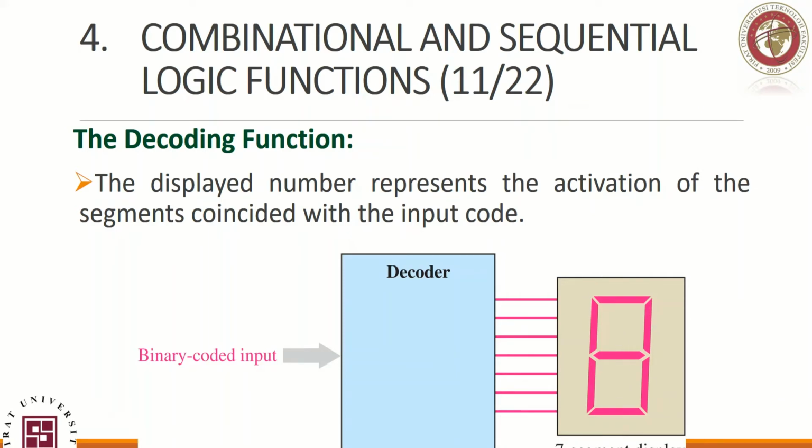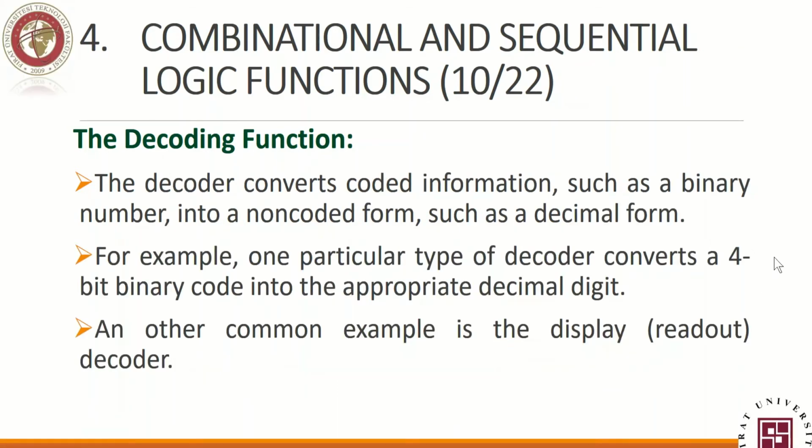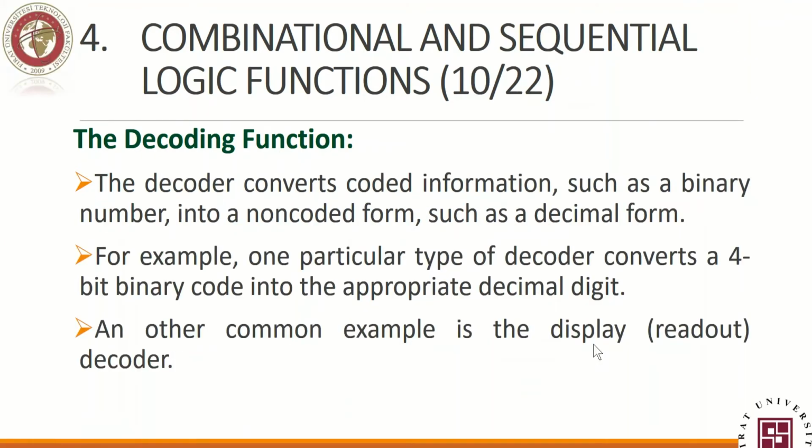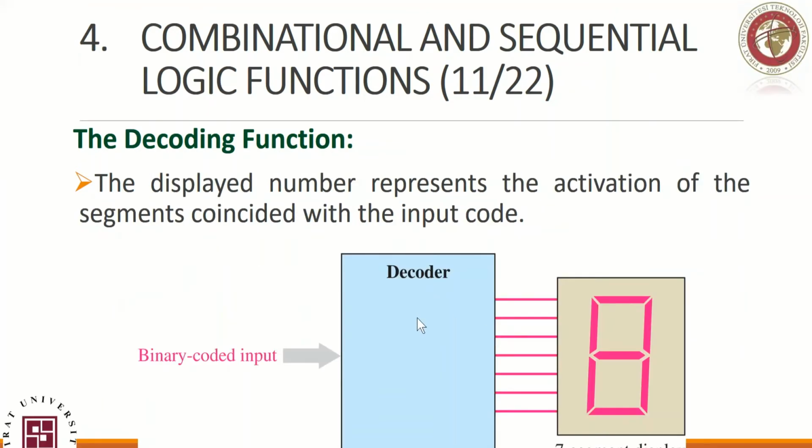So we have 7 segments for the display, and they represent the 4-bit binary code. We will explain later how it is designed, but it's just the decoding functionality of a binary input that codes decimal numbers.